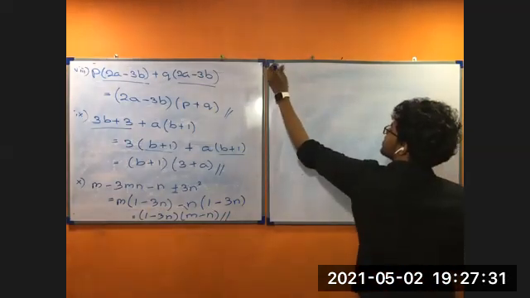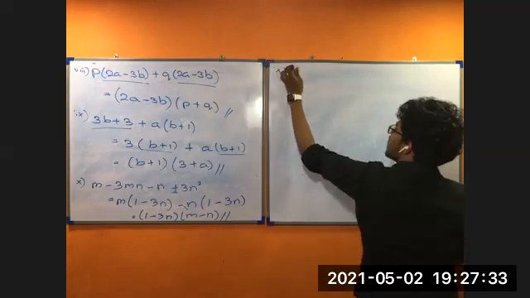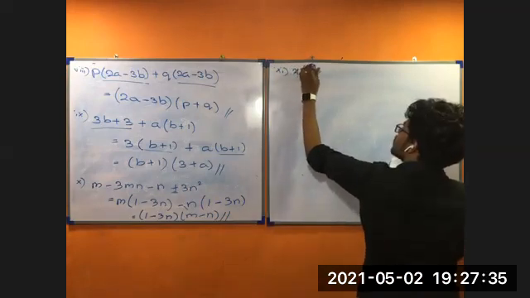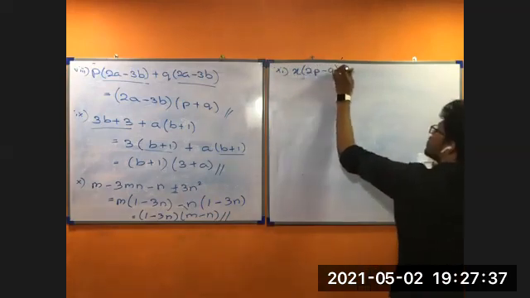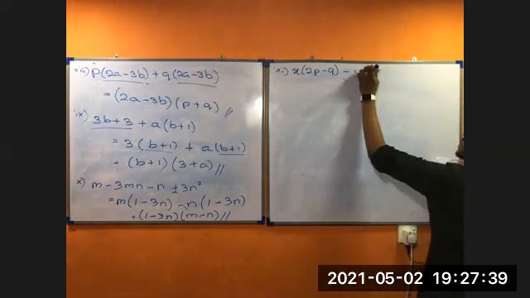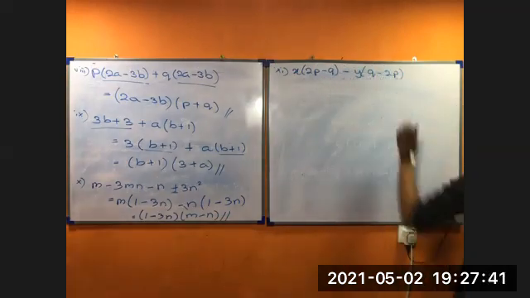Okay, how about this? 11th one, x times 2p minus q minus y times q minus 2p.